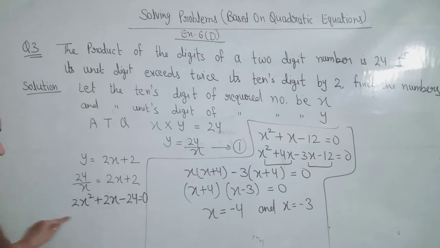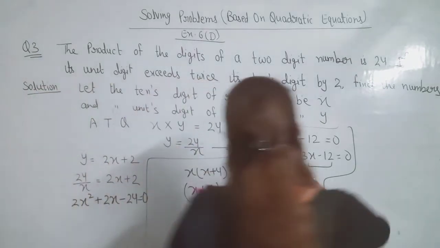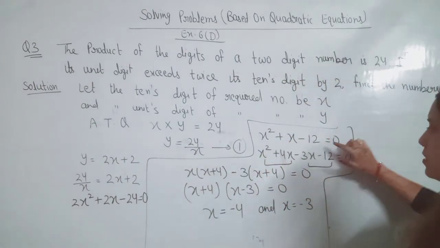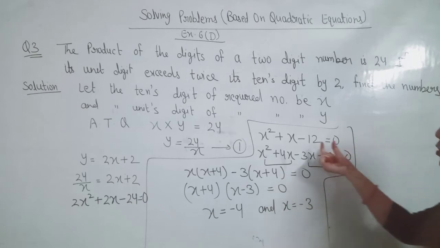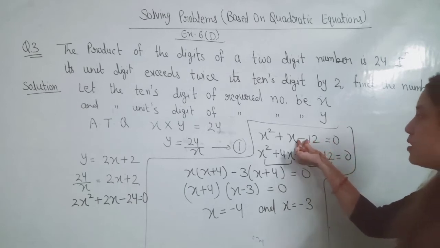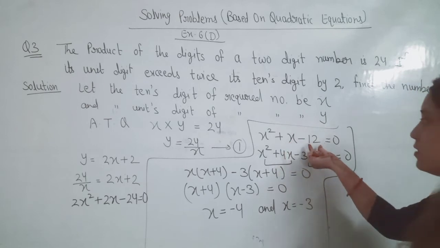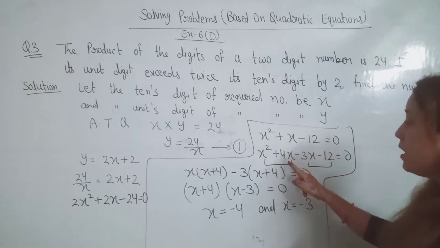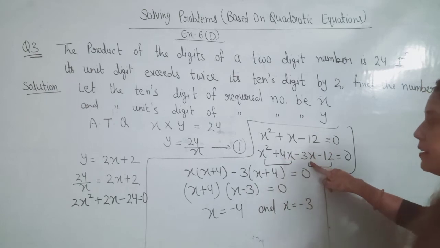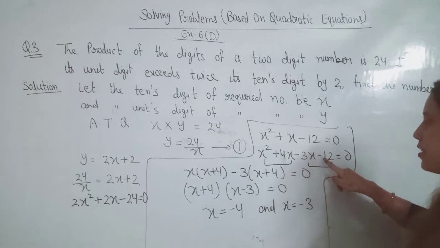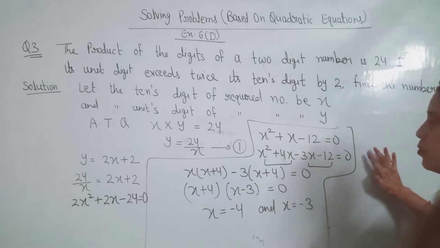Now 2 is common, so taking 2 common, the equation will be x square plus x minus 12 is equal to 0. Now two factors of 12 whose difference is 1 are 4x and minus 3x. So x square plus 4x minus 3x minus 12 is equal to 0.